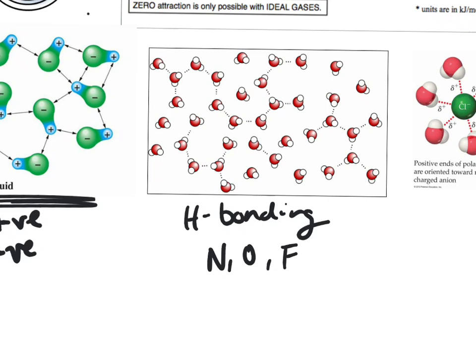Okay? So here we're going to assume this is a water molecule. So we have H2O, 2 hydrogens bonded to an oxygen. The bonds between the oxygen and the hydrogen are not the hydrogen bonds. Those are covalent bonds. But the bonds that are shown by the dots, those are our hydrogen bonds.